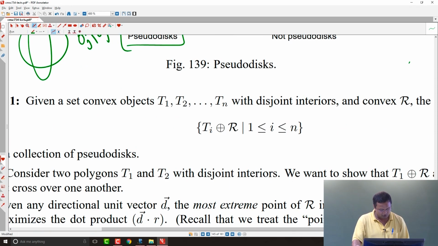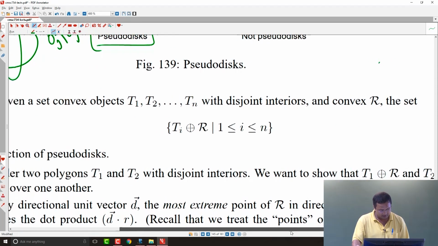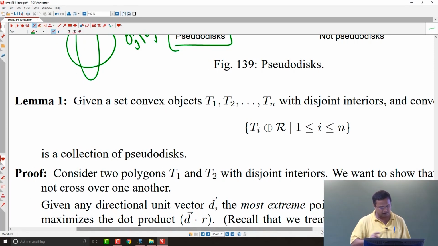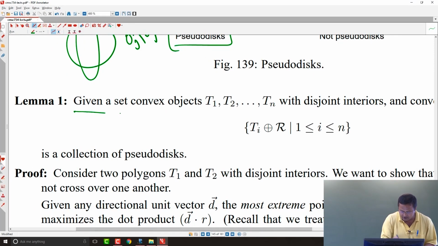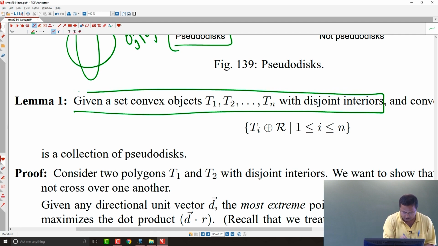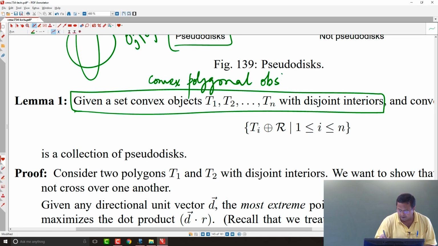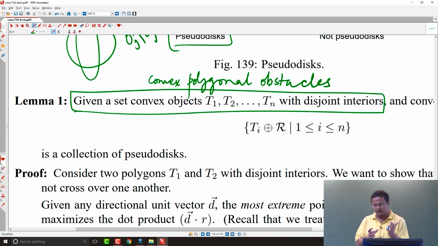Okay. So, this theorem says, given a set of convex objects, this is nothing but your convex polygonal obstacles. Mind you, my initial thing was each polygonal obstacle is interior disjoint, fine.